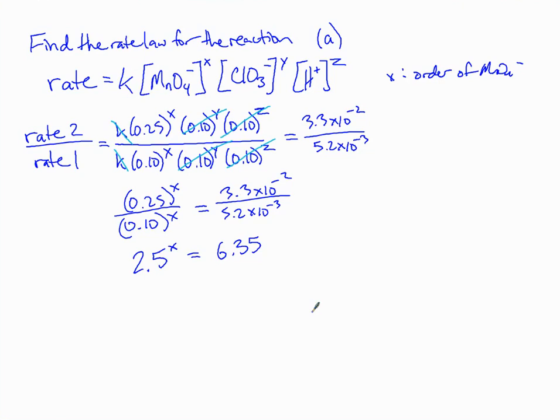All right, so let's wrap this up and then we'll call it. How do you get X out of the exponent? It's a log. So X log of 2.5 equals log of 6.35.